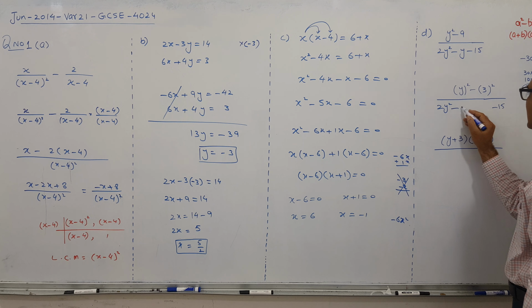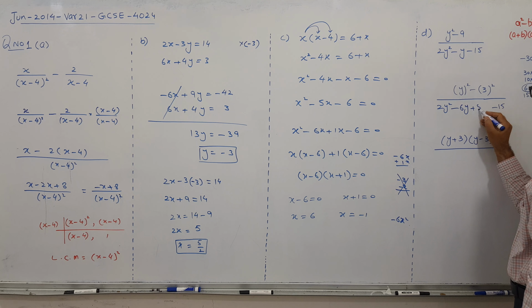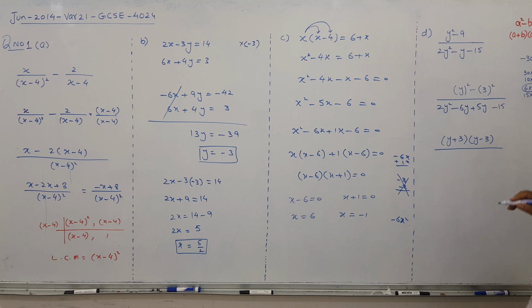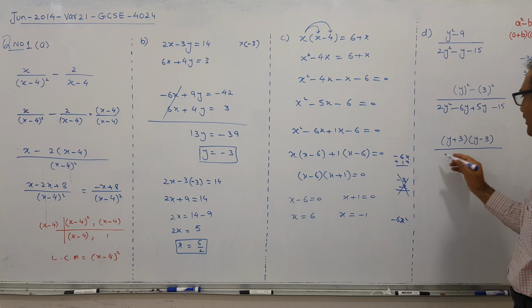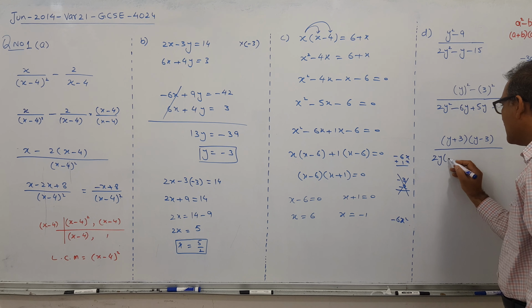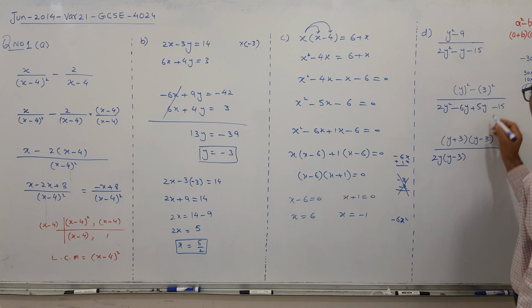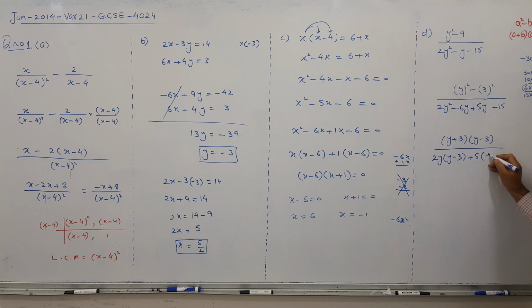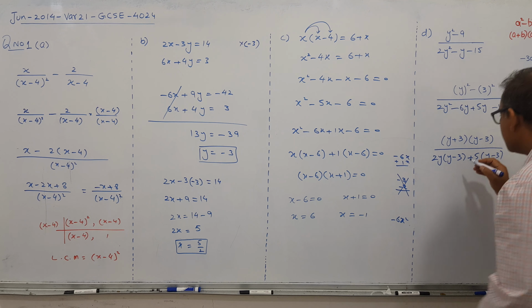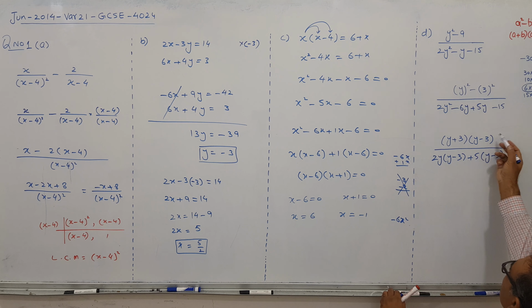So I can say minus 6y and plus 5y. And interestingly, if I multiply them, I get minus, 6 fives are 30 and y into y is y square. Correct. From here, what is common? 2y common, I got y minus 3. From here, 5 common, and I got y minus 3. So some students try to cancel here. No way.